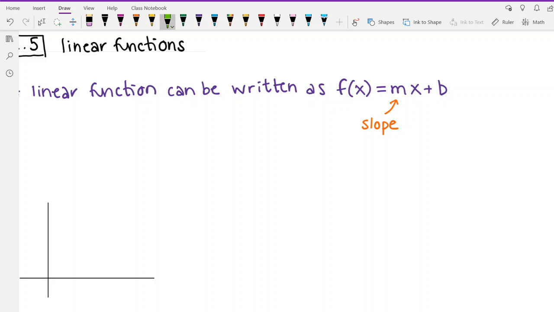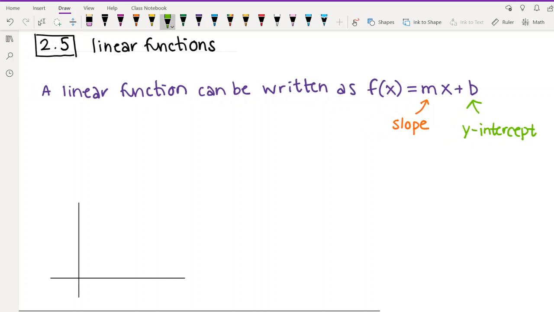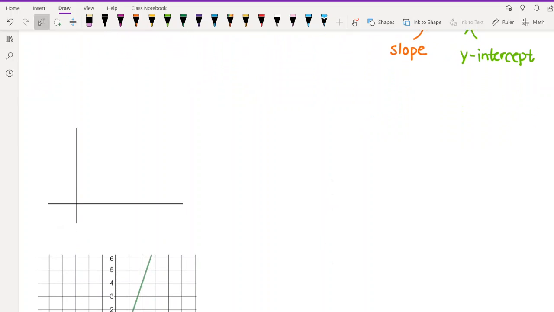And then b is what's called the y-intercept. The y-intercept is the y-coordinate of the point where the graph crosses the y-axis. Again, we'll see that in some examples in a little bit. Okay, so let's start by talking about slope, how you calculate slope.